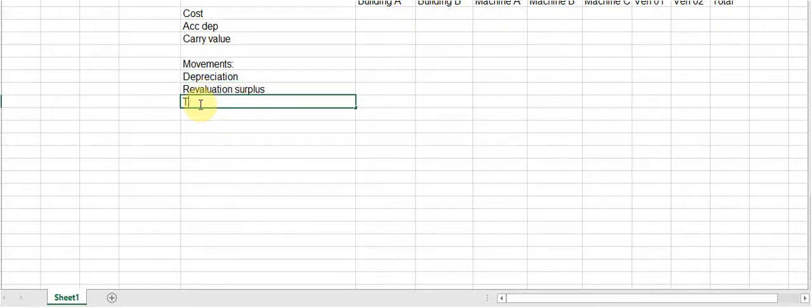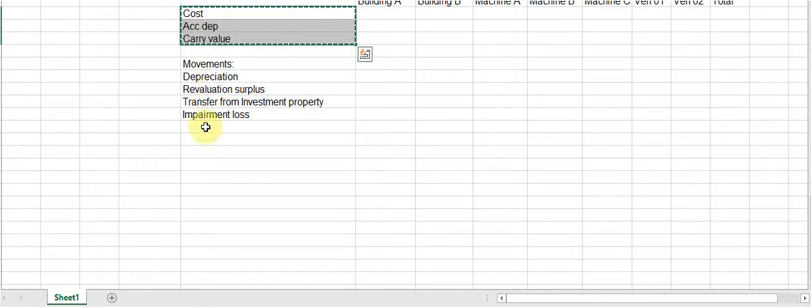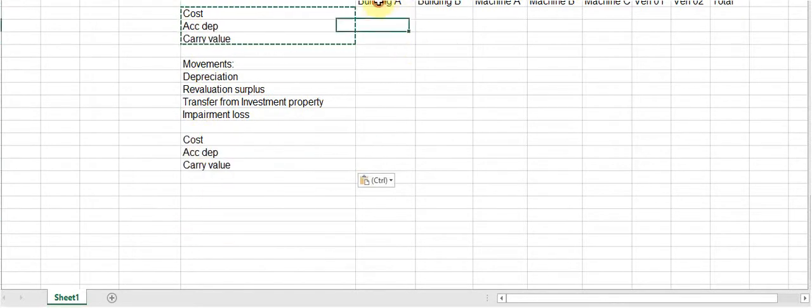We're going to have a transfer from investment property. And we are also going to have an impairment loss. I leave a few lines if I have forgotten something. And then we're just going to end off this note again with cost and accumulated depreciation and a carry value.